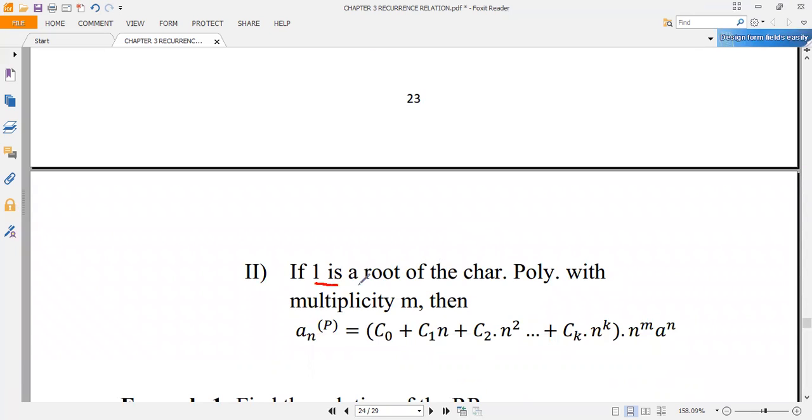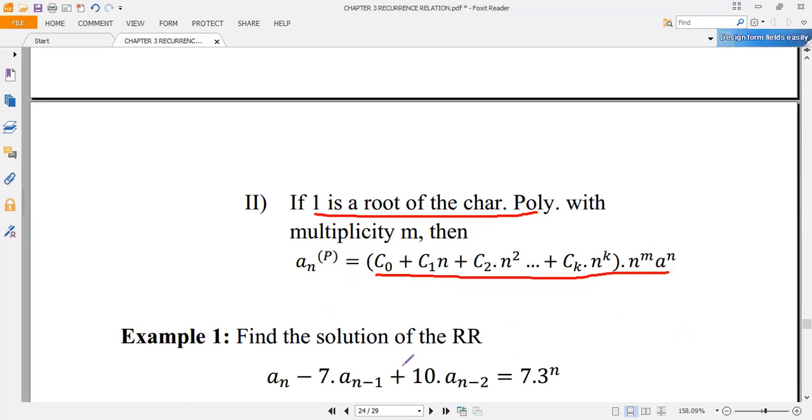And if a is a root of the characteristic equation with multiplicity m, then the trial solution to the recurrence relation will be (c0 plus c1n plus c2n squared plus ... plus ckn to the power of k) times n to the power of m times a to the power of n. So we have seen these three cases.